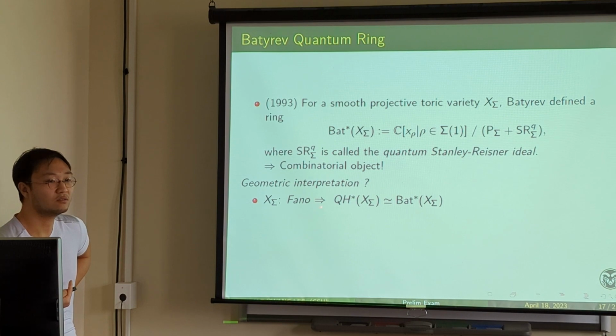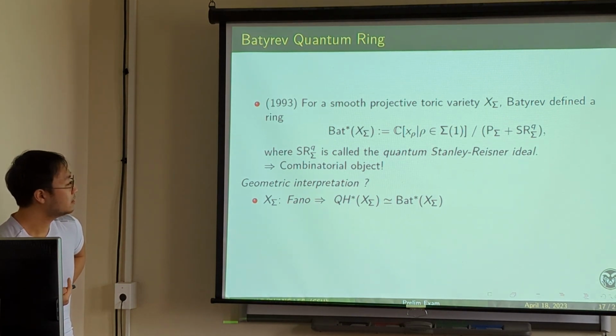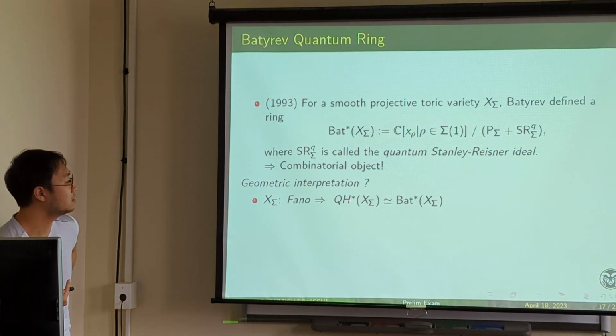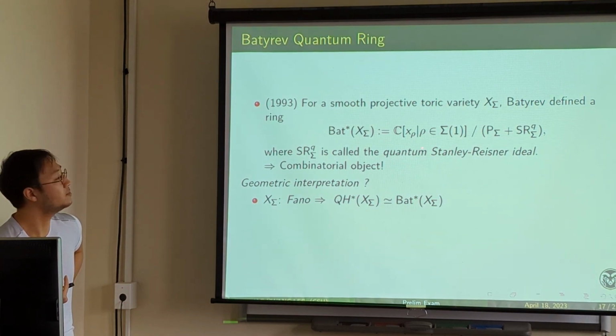So it's related to a strict inequality. In this case, the Batyrev ring is the same as the quantum cohomology. The quantum cohomology is pretty difficult to compute through geometry, but it can be computed in a completely combinatorial way.